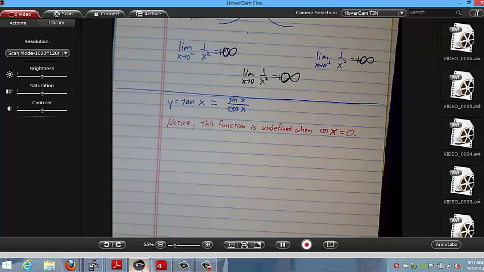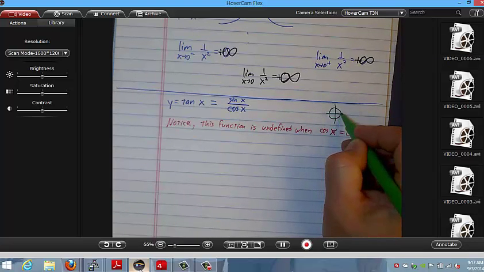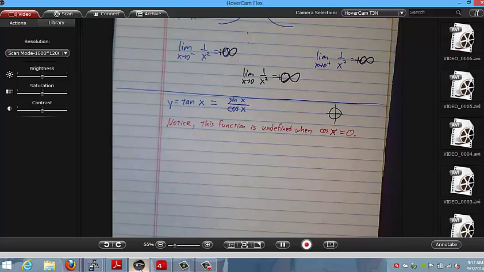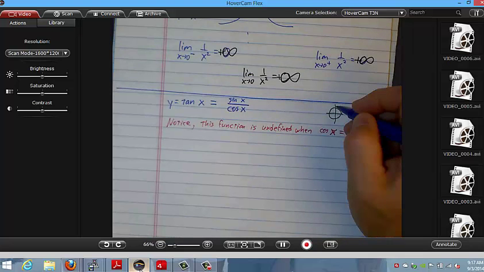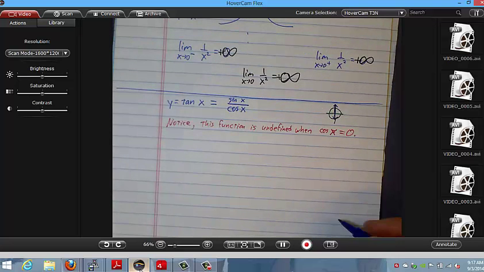When does that happen? Well, to know when that happens, you want to look at the unit circle. And you want to remember that the places that it's going to happen is when the x-coordinate on the unit circle equals 0. So if we're pointed straight up or if we're pointed straight down, right?